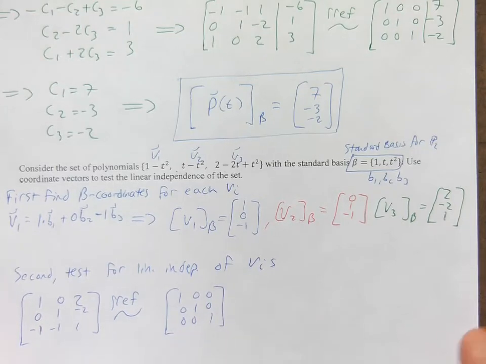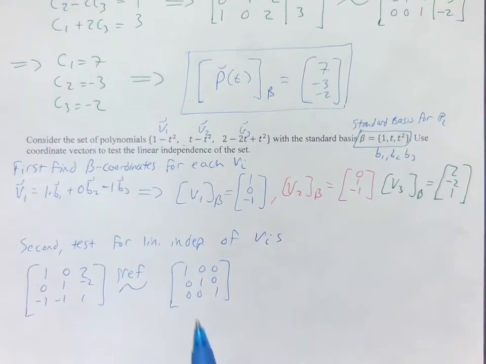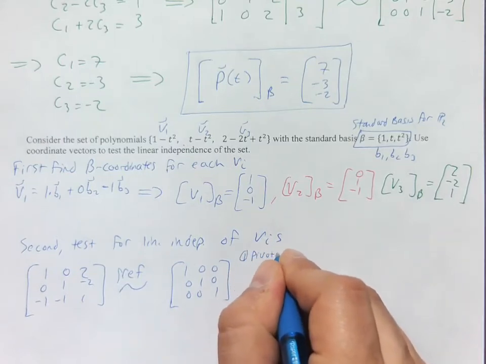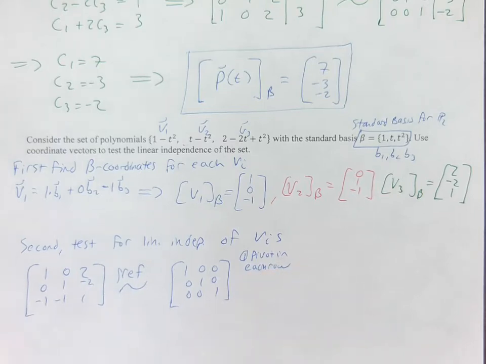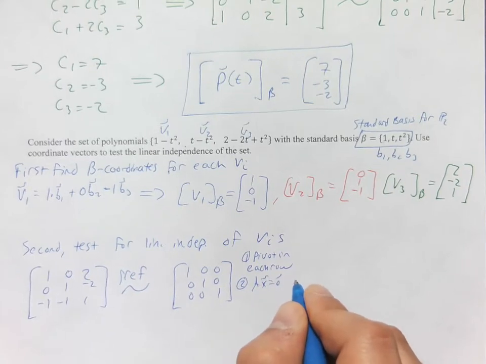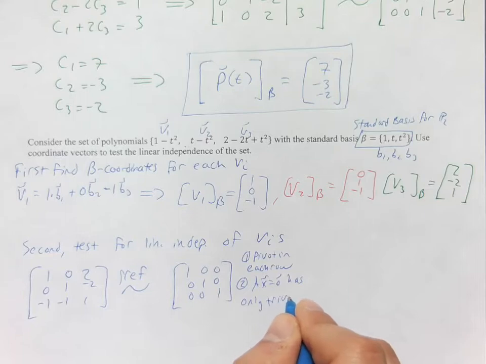And so, let's relate this back to the invertible matrix theorem. We know lots of things just by looking at this. There's a pivot in every row, for example. We see that if we wanted to solve the homogeneous equation, it has only the trivial solution.